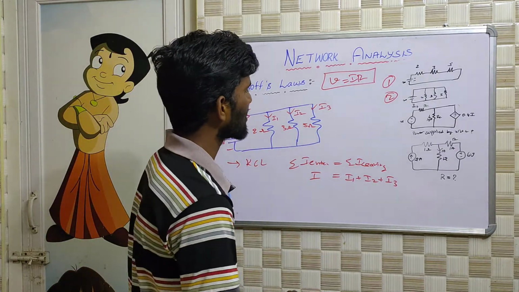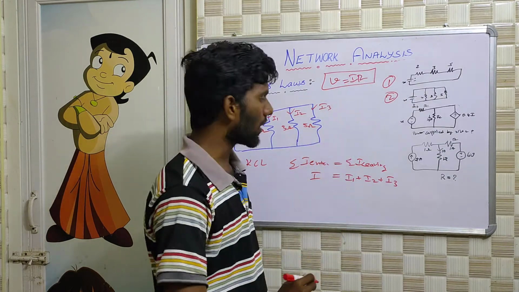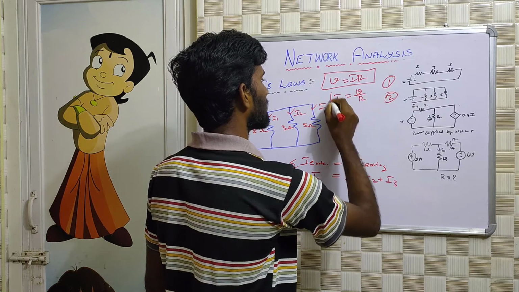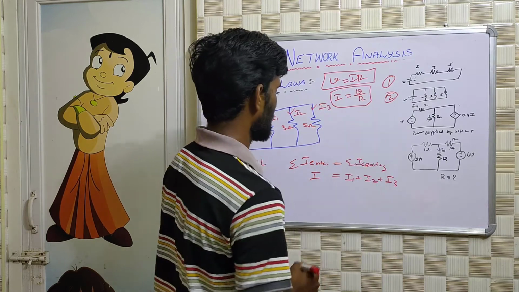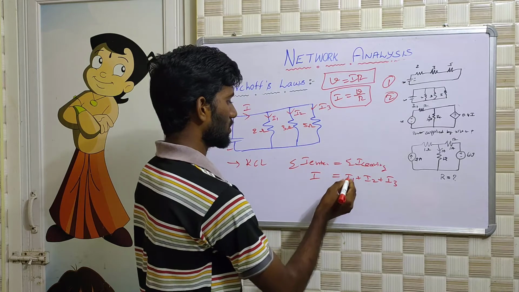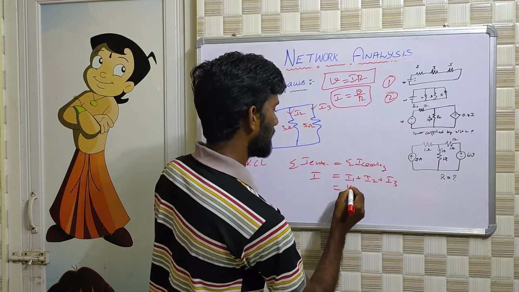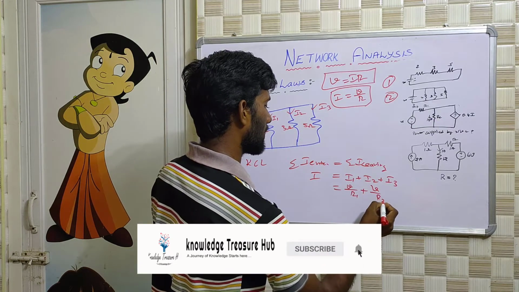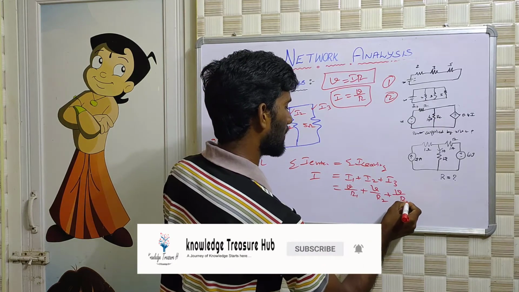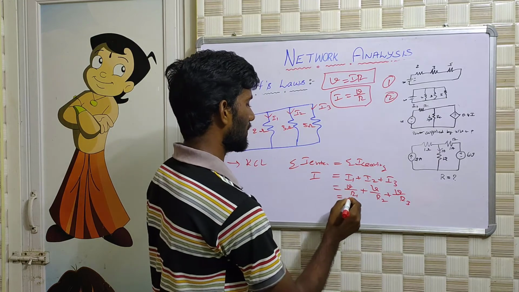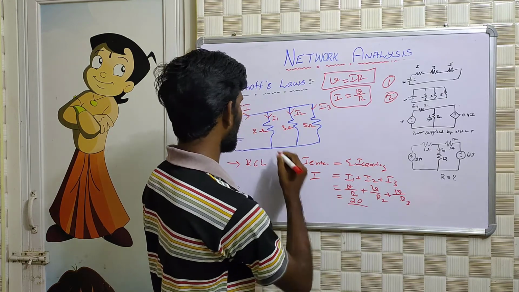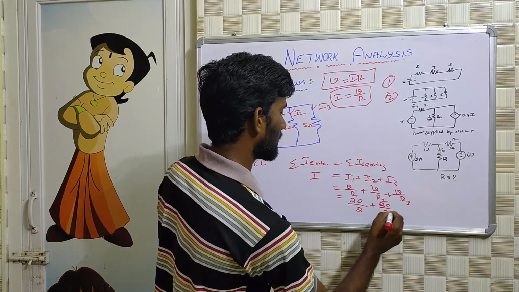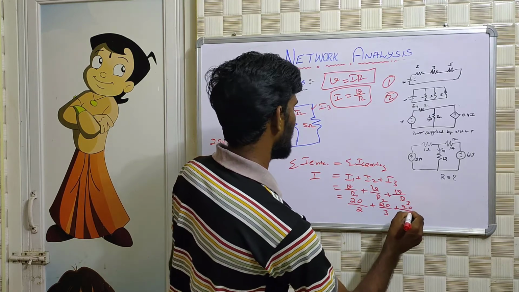From Ohm's law we know V is equal to IR, so I is equal to V by R. So I is equal to V by R1 plus V by R2 plus V by R3.